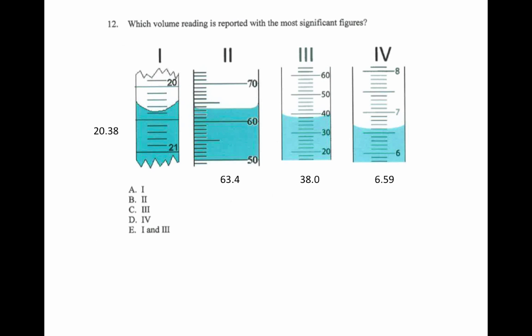These are the different values that I would have. In case 2, 63.4, case 3, 38.0, and case 4, 6.59. In each case, I'm going to read the number of digits that I can clearly see and then estimate the last one. So the one with the most significant figures would be the 20.38, which has 4 significant figures. All of the other ones have 3 significant figures.